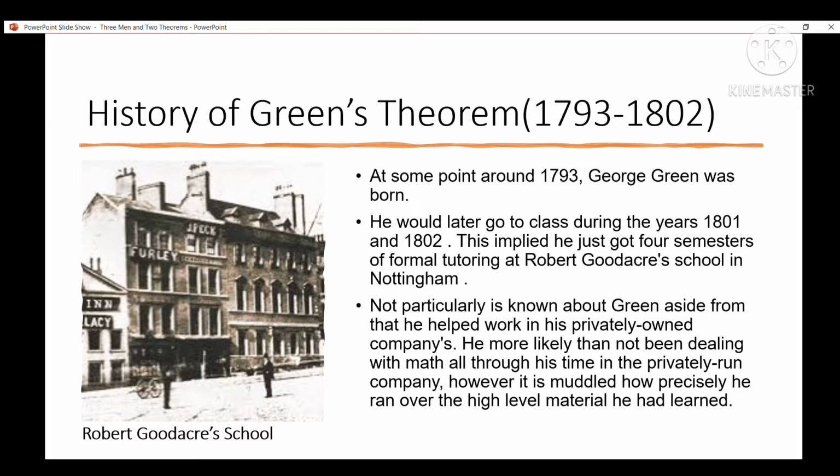Aside from that, he helped work in his privately owned company. He more likely than not had been dealing with math all through his time in the privately run company. However, it is unclear how precisely he ran over the high-level material he had learned.